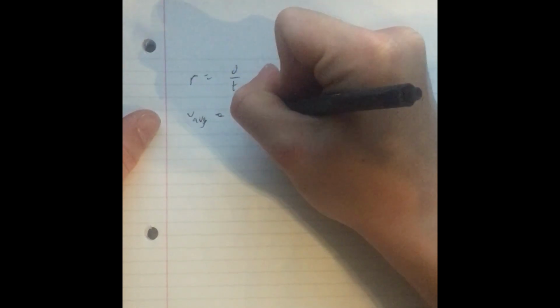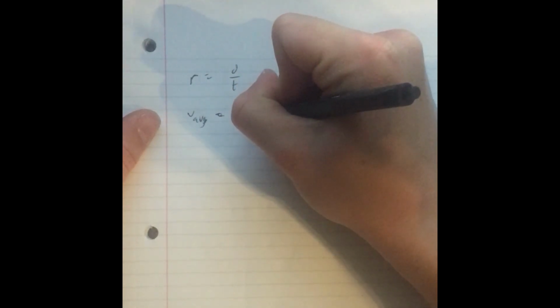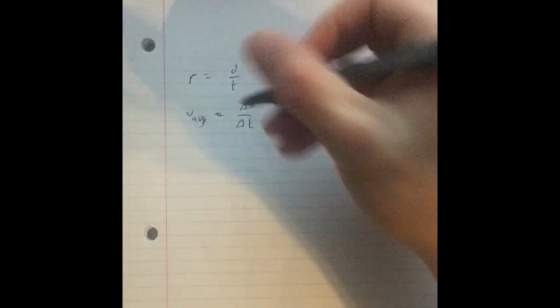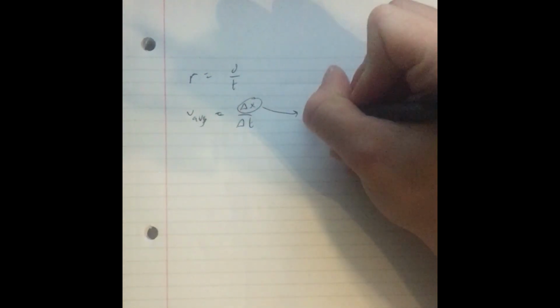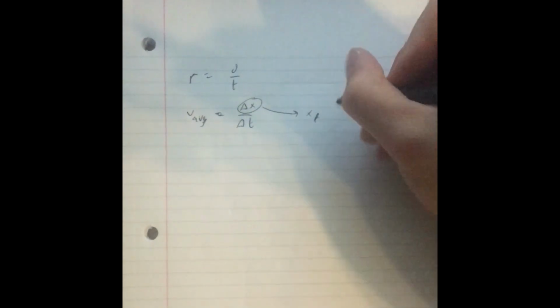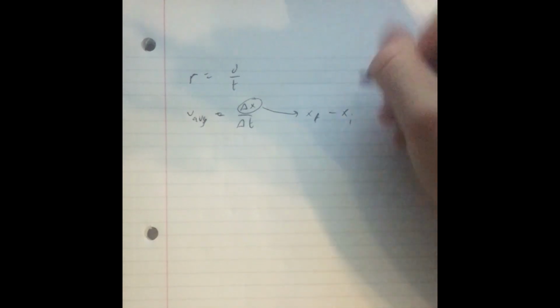And then average velocity, specifically, will be an object's displacement over the change in time, the time it took to make that displacement. This triangle here just means change. So this will be x sub f, the final position, minus the initial position.